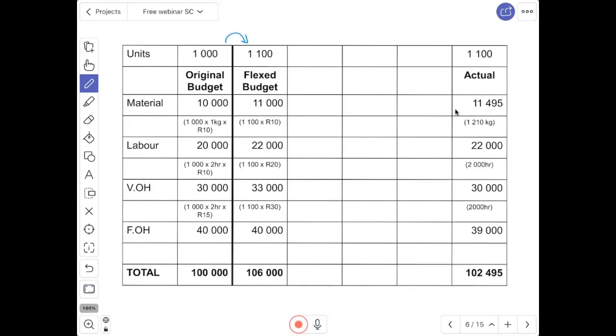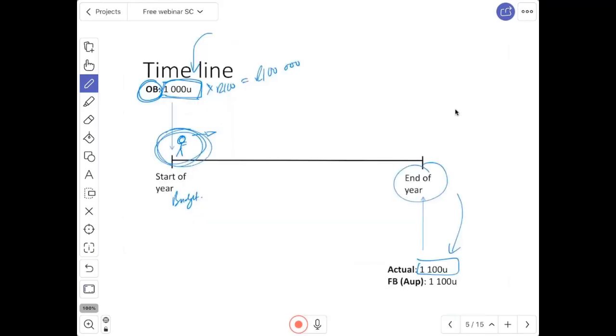So why do we flex the budget and what does it mean? Now, the original budget is, remember, something we dreamt up at the start of the year where we didn't know at all what's going to happen. The future is uncertain, it hasn't happened yet. So we thought we're going to produce 1,000 units and we know it should cost 100,000 Rand. At the end of the year, we have a much clearer picture because now we know we actually produced more.